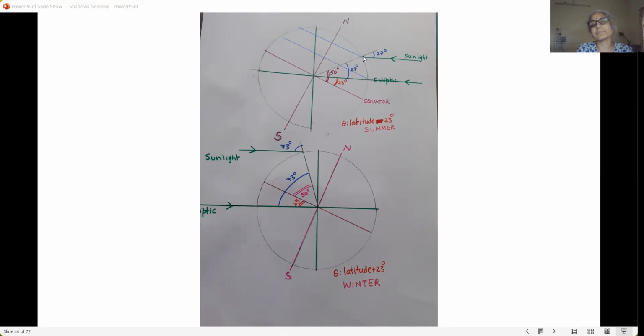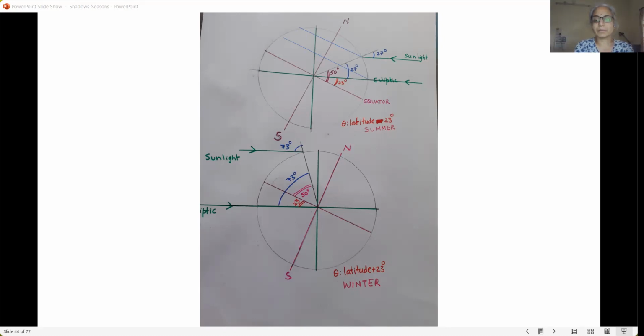And we also saw that on the summer solstice day, the sun is directly overhead on all points on the latitude 23 degrees, which is the Tropic of Cancer. And on the winter solstice day, it is directly overhead on all points on the latitude 23 degrees south. It is the Tropic of Capricorn. Okay, so this was for a high latitude, 50 degrees northern hemisphere.